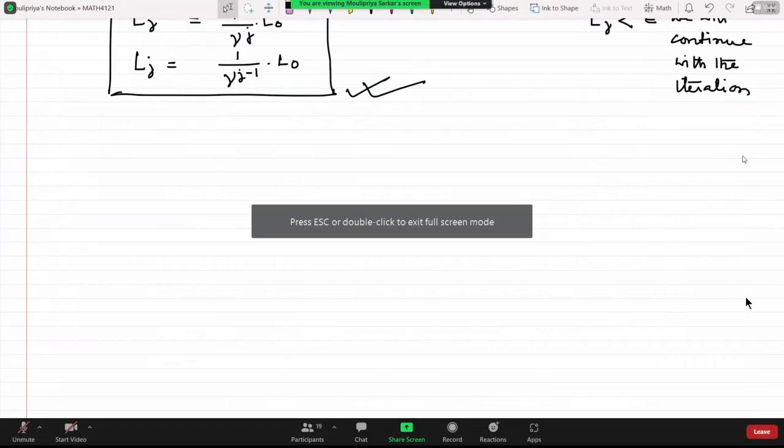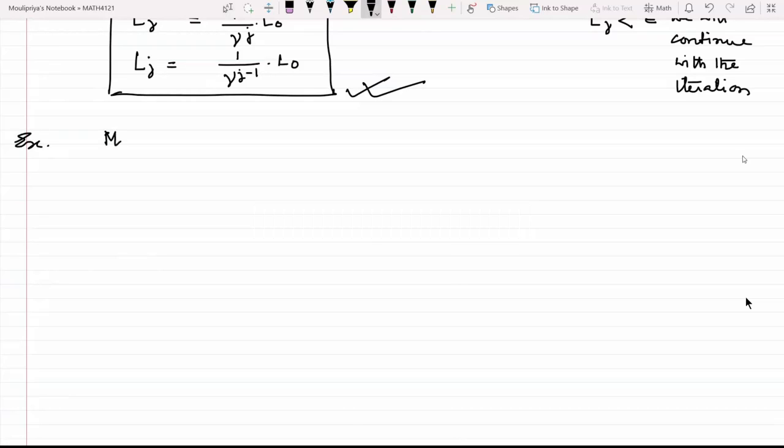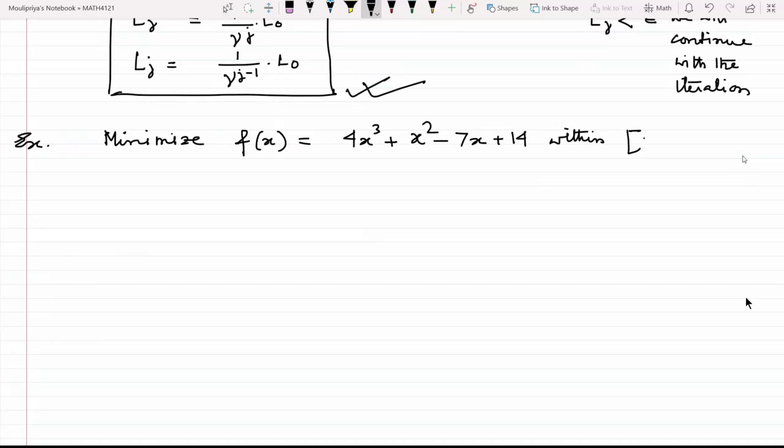Say for example, if I tell you to minimize f(x), which is given by 4x cube plus x square minus 7x plus 14, within the given interval 0, 1. That is, the interval of uncertainty is 0, 1.